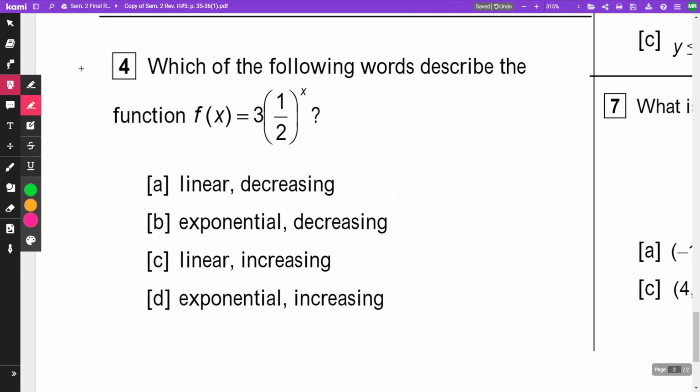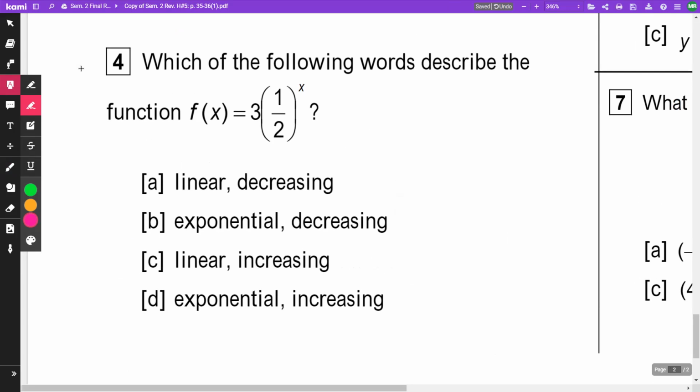On number 4, which of the following words describes this function? So we have linear and decreasing, exponential and decreasing, linear and increasing, exponential and increasing. It is not going to be linear. They're going to be exponential. We need to look at what we're multiplying by.